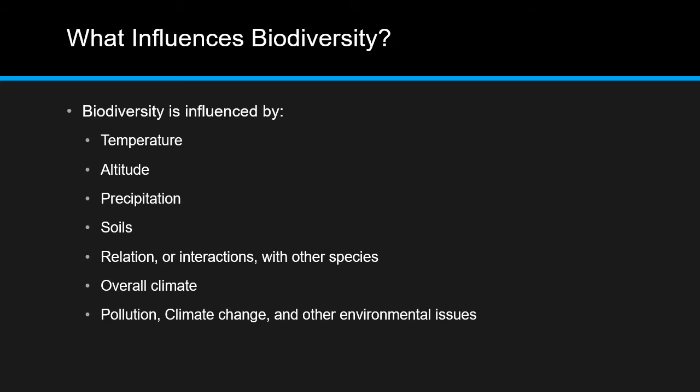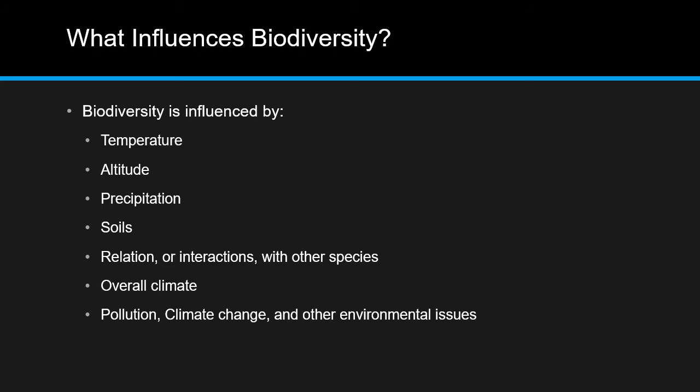And that can have a big impact on biodiversity, especially microbial diversity, number one, because only specific soil microorganisms can survive in specific soils. Many times that is the case.